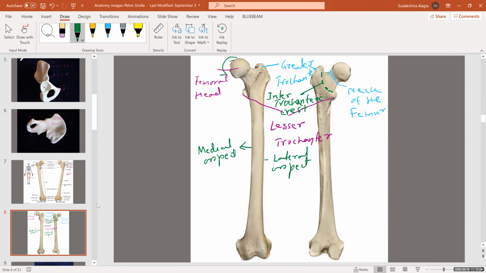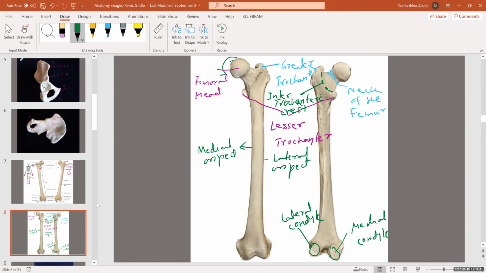So we have the medial and lateral condyle; we are looking at the posterior aspect of the bone because we identified this posterior intertrochanteric crest. Head side is the medial side. That makes this the medial condyle. That makes this the lateral condyle.